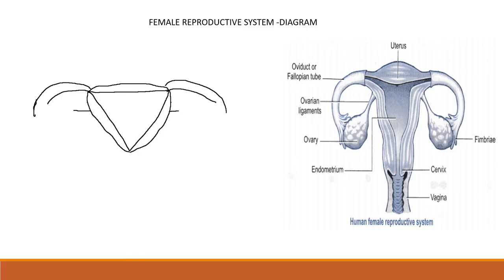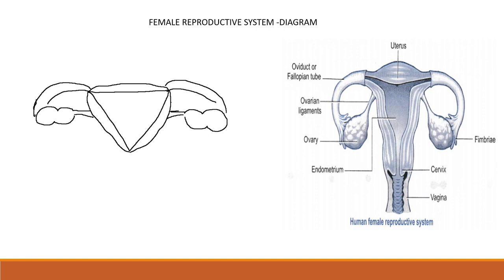And here are the filaments with which ovaries are attached, and you can draw two semicircles like this, one and two. Ovaries are done. You can make it more curvy.